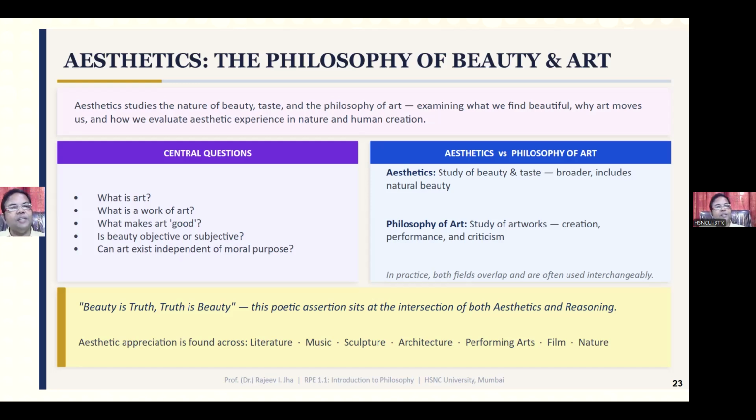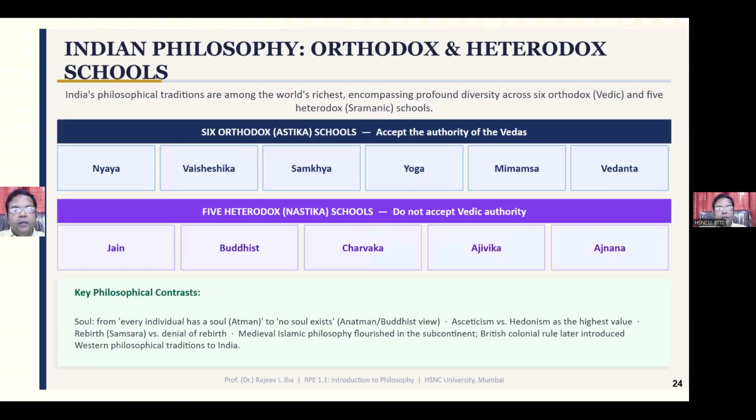Having covered the 5 Western branches, let us turn to the richly diverse world of Indian philosophical traditions. India's philosophical traditions constitute one of the world's richest and most internally diverse bodies of systematic thought, spanning more than 3,000 years of continuous inquiry across radically different positions on nearly every fundamental philosophical question.